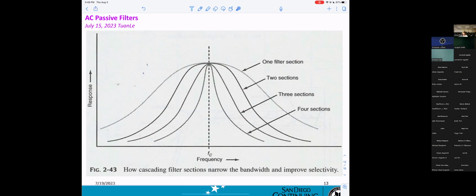So basically, why is V1 that one? That will tell you the bandwidth will be smaller than the second one or the next one. When the bandwidth is narrow, that's good selectivity.